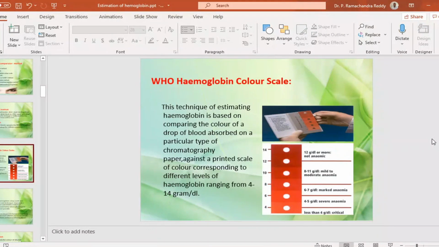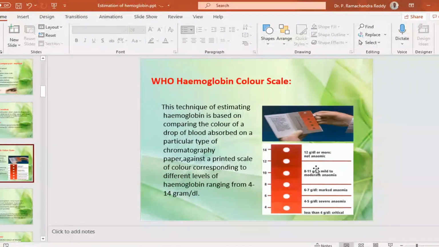So you have to take a small filter paper, prick with a needle, put the blood drop on it, and then check the color. If you check the color, you can see the range of hemoglobin which you have, and that you have to report.